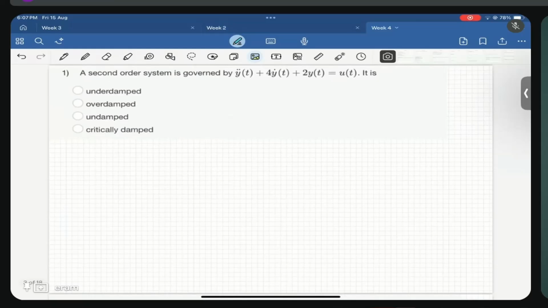So starting with the first question. Here we are given a second order system whose dynamical equation is y double dot plus 4y dot plus 2y equals u(t). You have to identify whether this system is underdamped, overdamped, undamped, or critically damped.